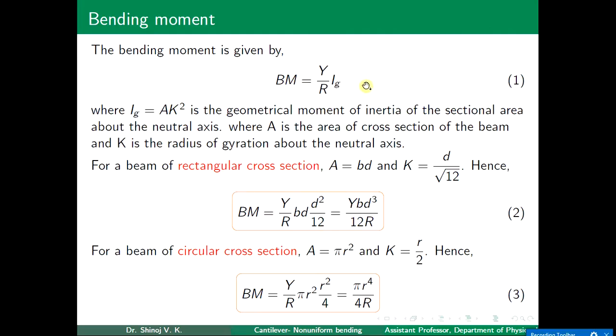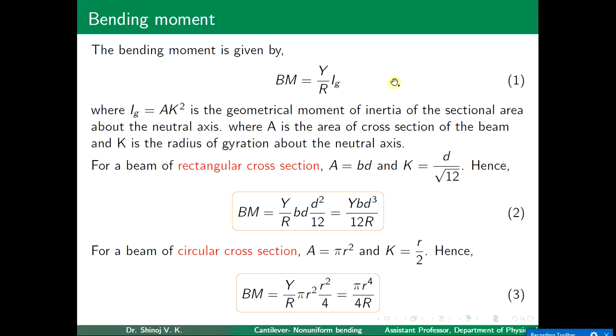The bending moment is equal to Y by R into Ig, where Ig is called the geometrical moment of inertia of the cross section, equal to A K squared, where A is the cross sectional area and K is the radius of gyration about the neutral axis. The capital Y is the Young's modulus and R is the radius of curvature.